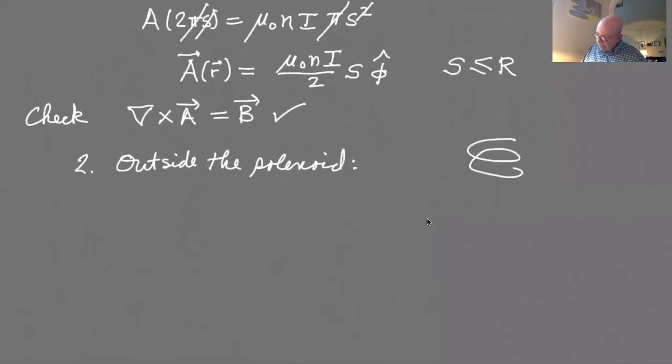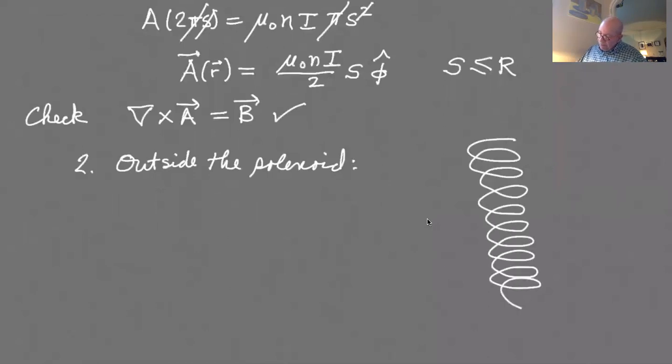Here's our solenoid with radius R, and we're going to pick a loop which looks like this, of radius S. We can use the same analysis here.